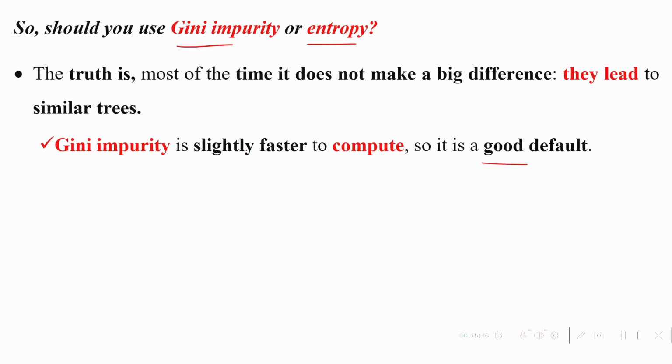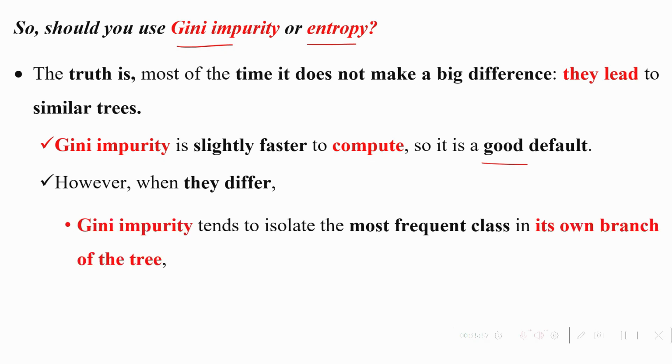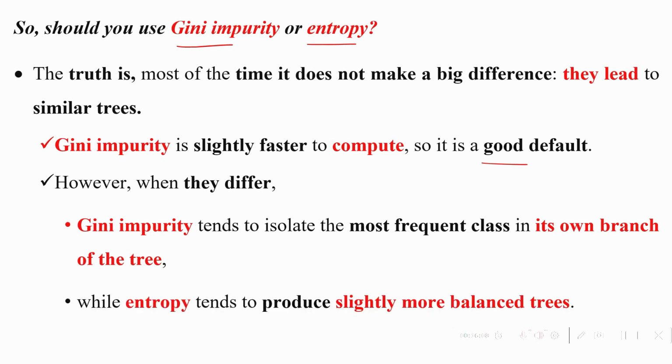It is very simple, and we can construct the decision tree faster. However, they differ. Gini impurity tends to isolate the most frequent class in its own branch of the tree, while entropy tends to produce slightly more balanced trees. That is the major difference between Gini impurity and entropy.